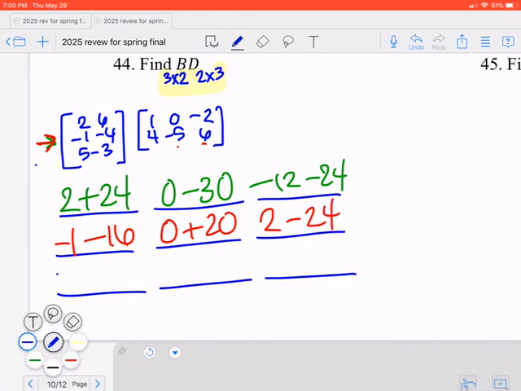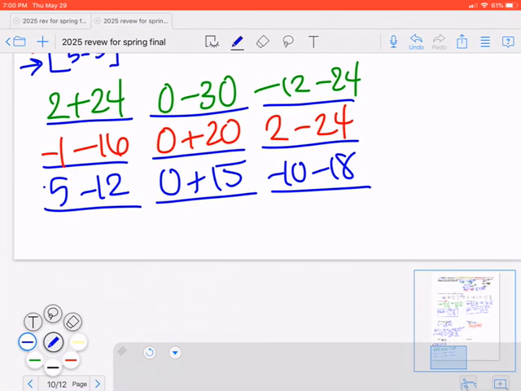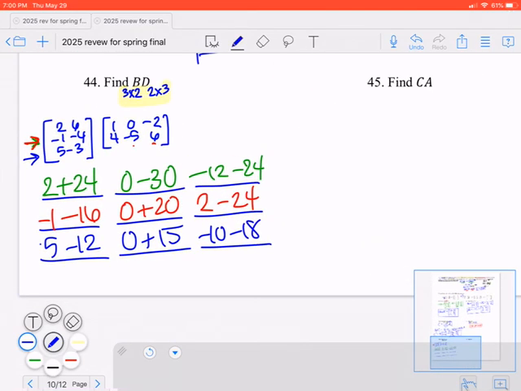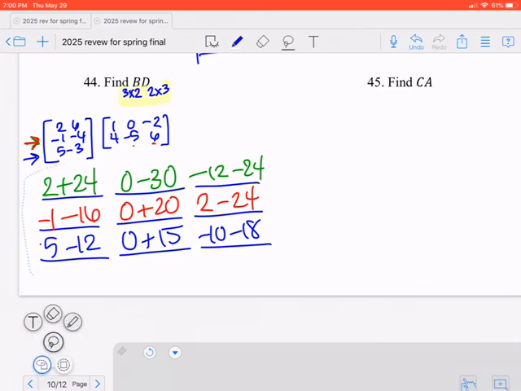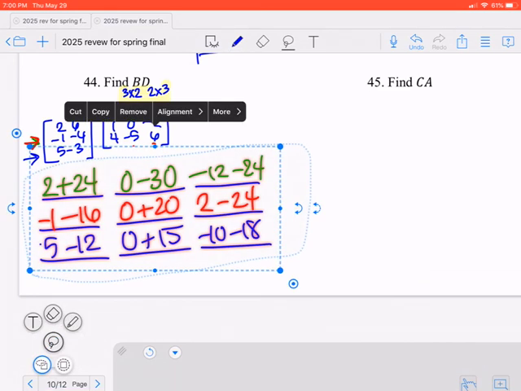And now third row with all the columns. 5 times 1 is 5, negative 12, 0 plus 15, negative 10 minus 18. And then I am running out of room. I'm going to just make that smaller.